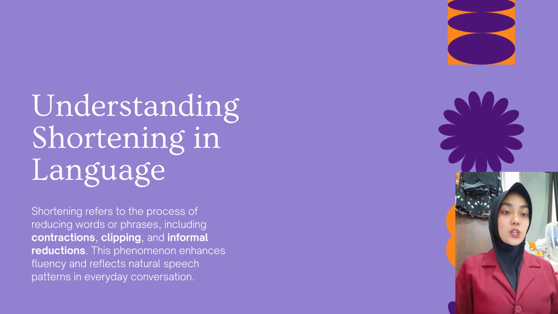So, shortening in English phonological rules refers to a process where a long vowel becomes a short vowel in certain morphological or phonetic contexts. Shortening occurs when long vowels in base words are shortened when those words undergo morphological change, such as the addition of suffixes or in certain derivative forms.